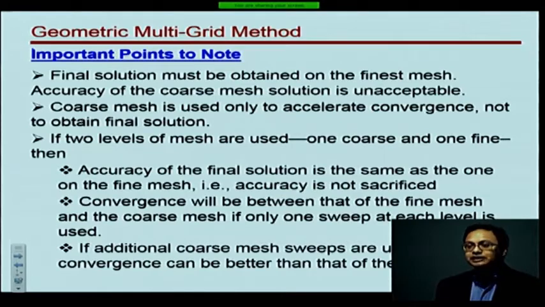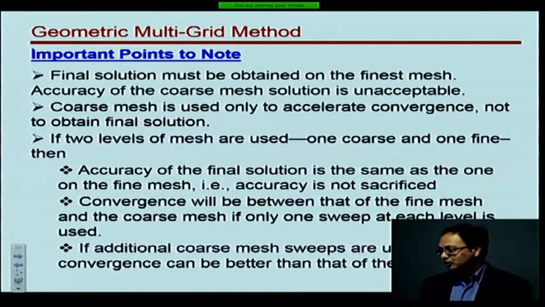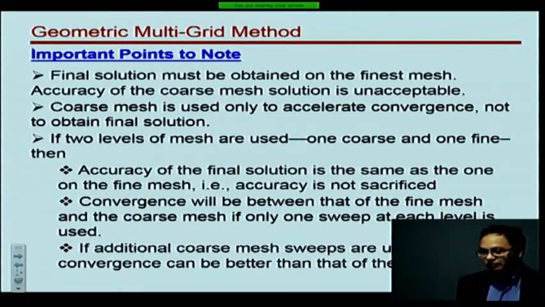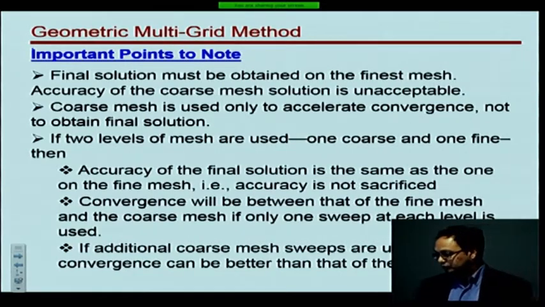You can use that solution to accelerate convergence, but you can't use that solution as the final solution that you're interested in. It's a solution laden with large truncation errors. Okay, so we can't use that solution. We can only use it for convergence acceleration. So coarse mesh is used only to accelerate convergence, not to obtain the final solution.